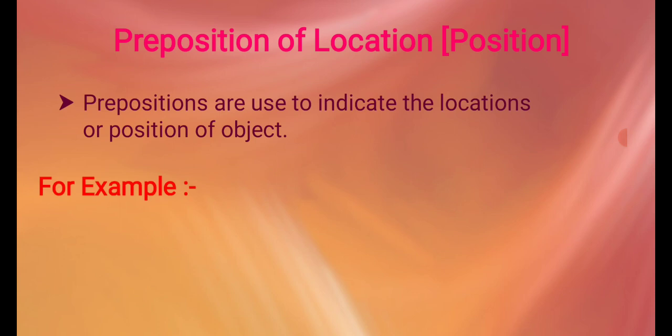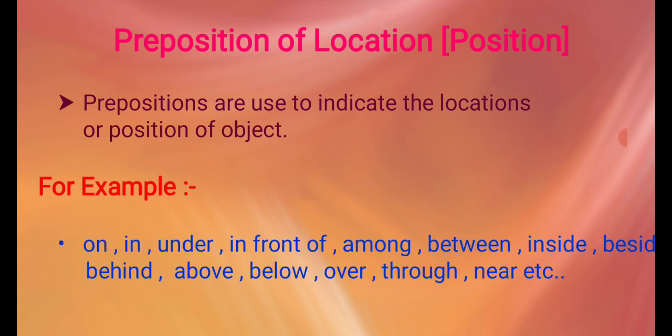Let's see some examples: on, in, under, in front of, among, between, inside, beside, behind, above, below, over, through, near, etc. are the examples of preposition of location, or we can say position, right?